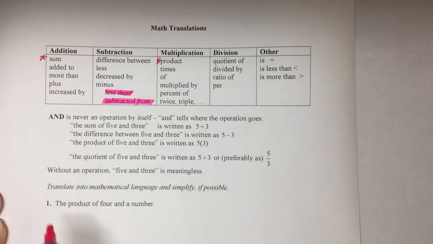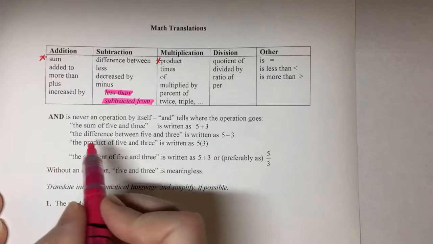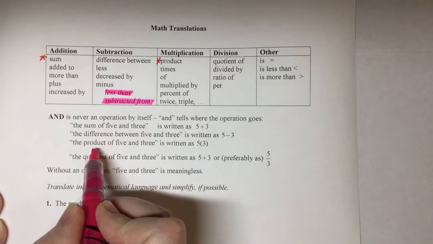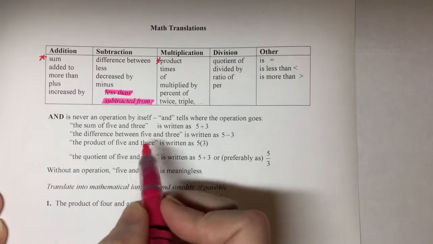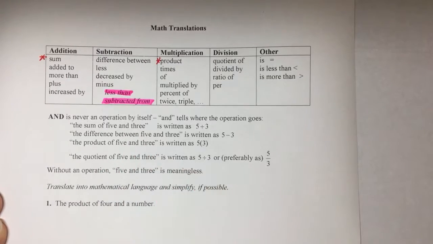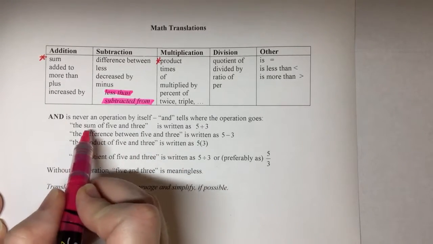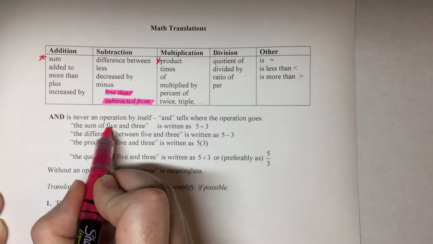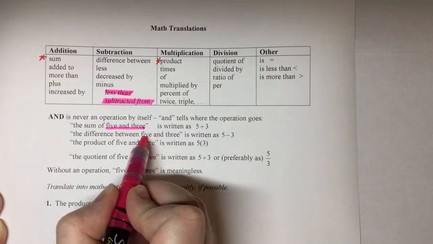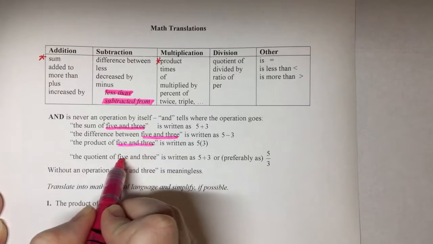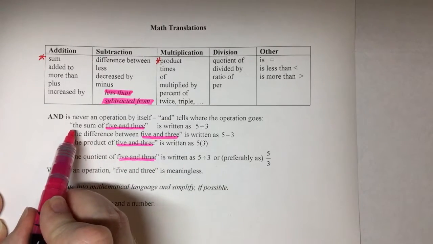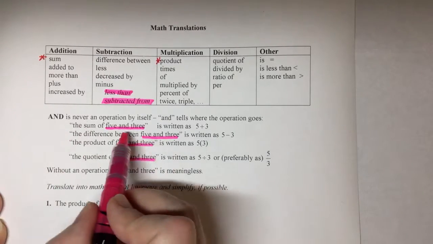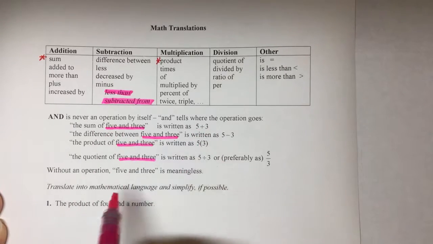Be aware, and is never an operation by itself. So if you just see and, it's not going to tell you whether it's addition, subtraction, multiplication, or division. You have to have some difference, product, quotient, or something else along with the and to tell you what that operation is. So on each of these, we've got 5 and 3. But if we have the sum of 5 and 3, we have 5 plus 3.